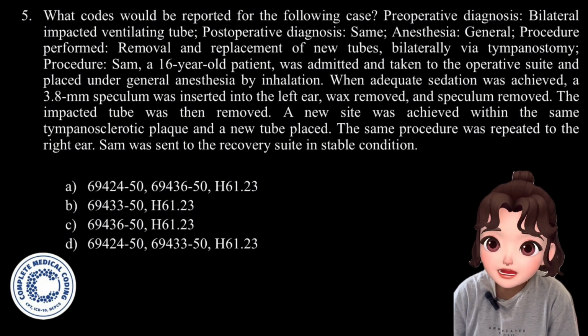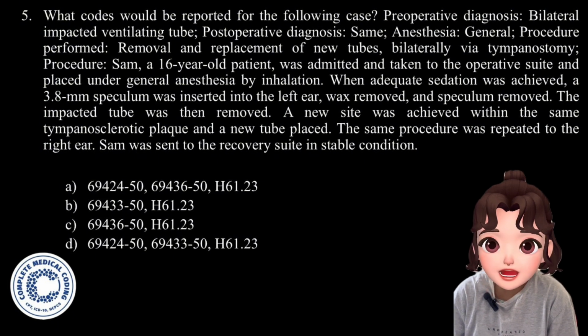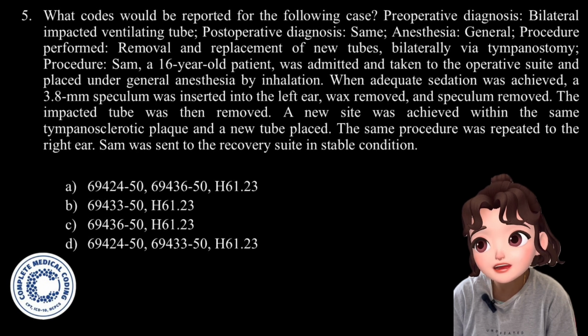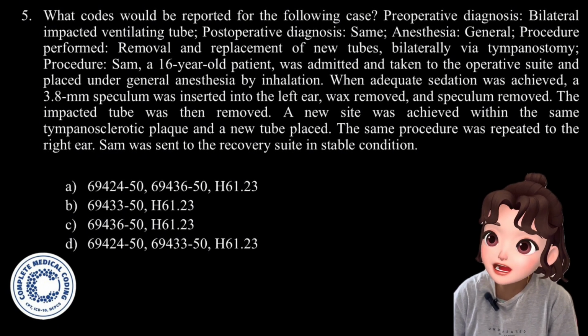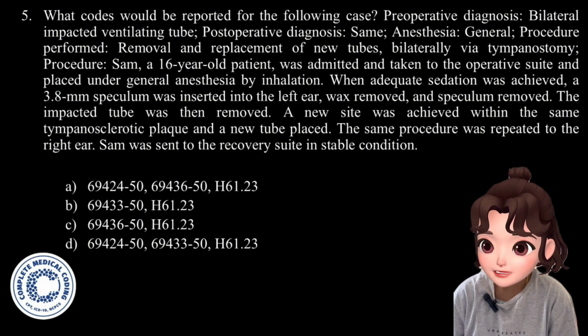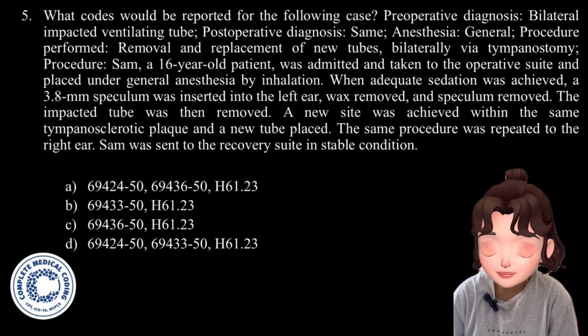Again tympanostomy, as mentioned in the previous question: tympanostomy requiring insertion of ventilating tube, local anesthesia. Is that the anesthesia carried out here? It is general here, so that is also wrong. So what is the code for general anesthesia? 69436, as in option C. And option D again has 69424, which is wrong.